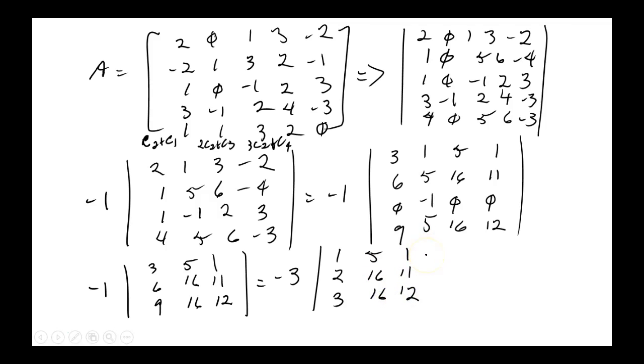And now I would be real tempted just to repeat the first 2 columns. 1, 2, 3, 5, 16, 16. At this point, it seems like it's easy to do this. I just hope I haven't made a dumb error because these are some big numbers.